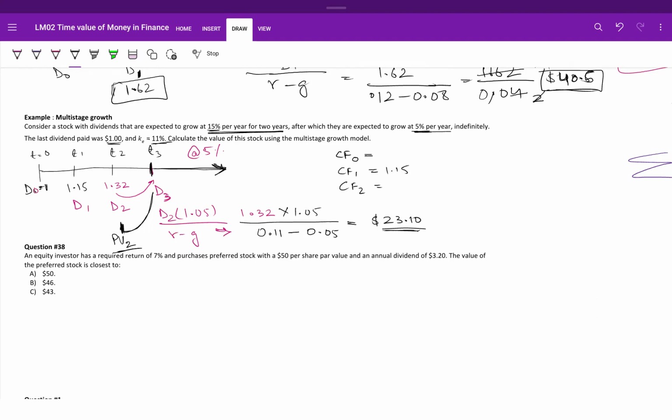Cash flow at time 2 is 1.32 plus 23.10. And cash flow at 0 is 0. It's going to be 0 because we did not take a position here. So the dividend started flowing to us from this point.